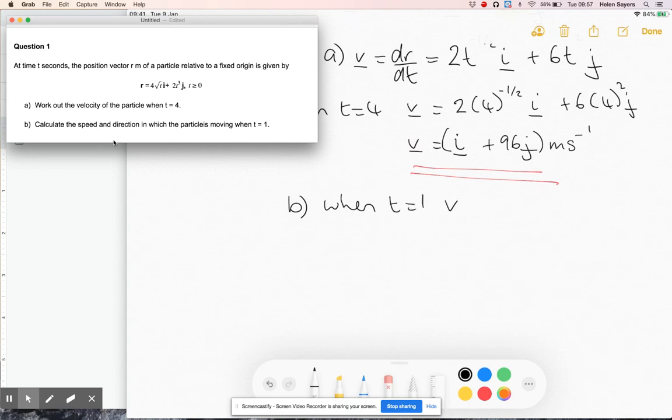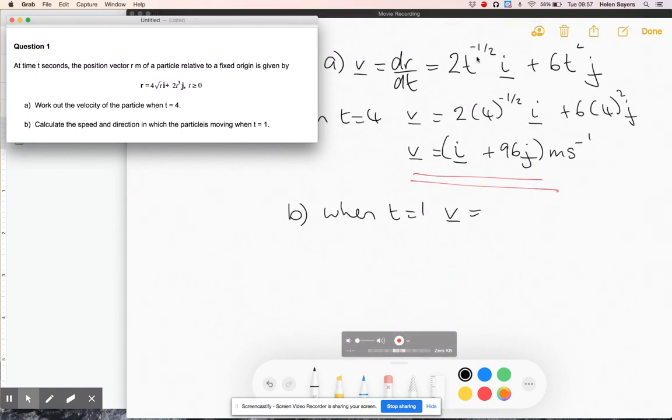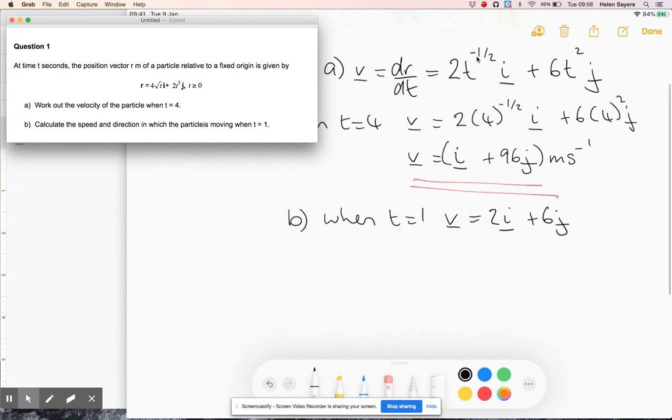So when t is 1, I'm just substituting 1 into this. So 2 times 1 to the power of minus a half is just going to be 2, and 6 times 1 squared is just going to be 6. So at least we've got quite a nice easy value of t to substitute in. Okay, so then I want the speed.